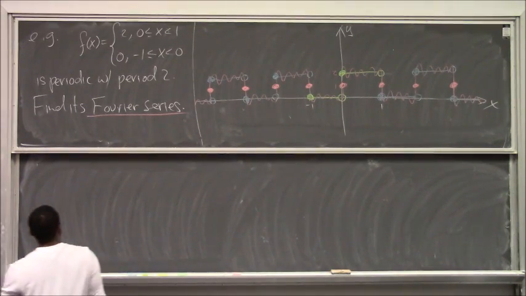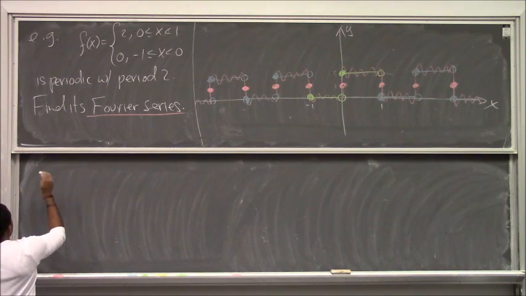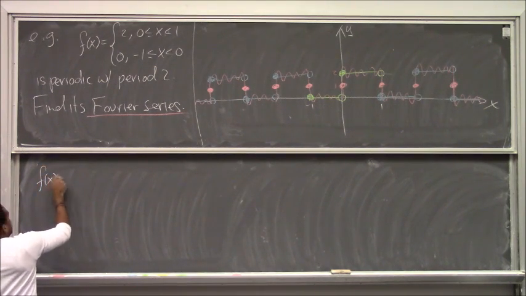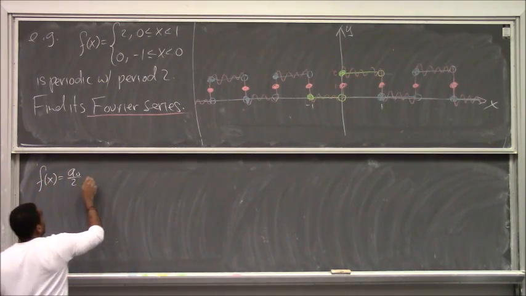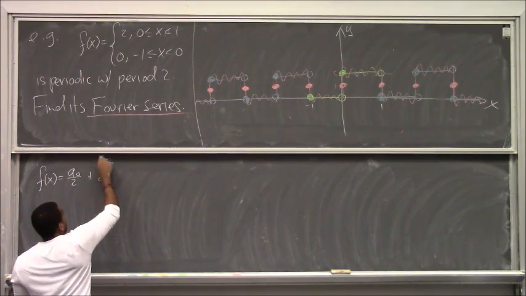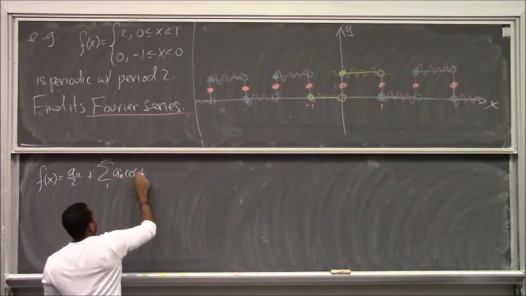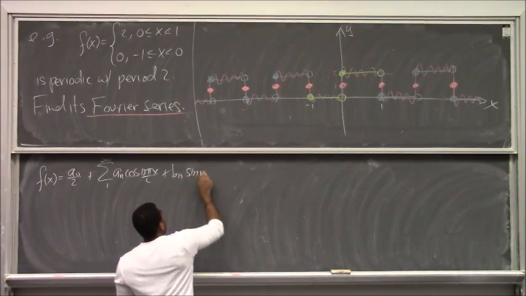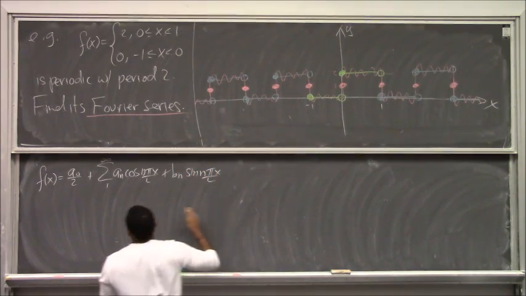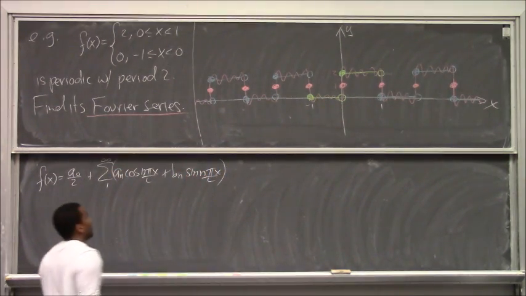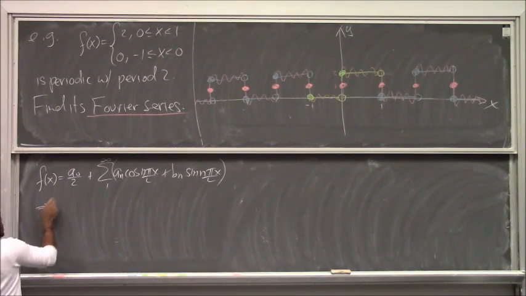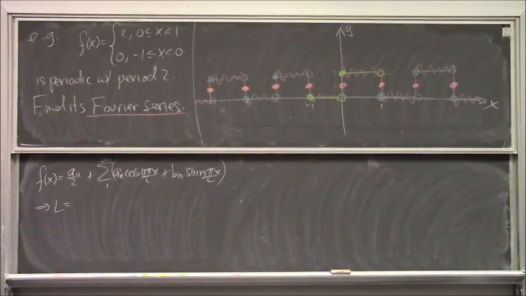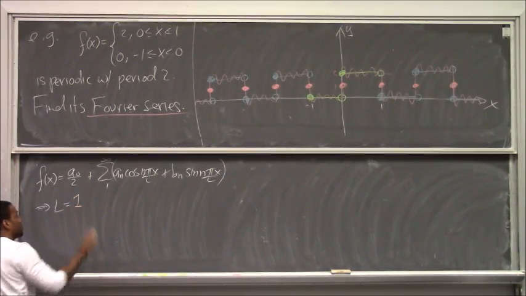What we're going to do is, we know that our f of x is going to be equal to a0 over 2 plus the sum from n equals 1 to infinity of an cosine n pi x over L plus bn sine n pi x over L. And here, L is equal to 1, right?